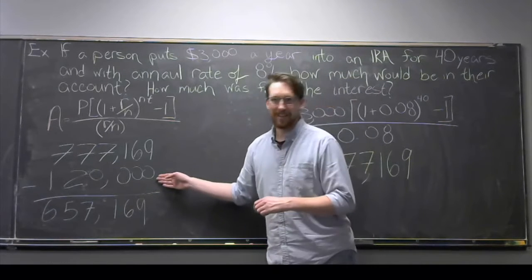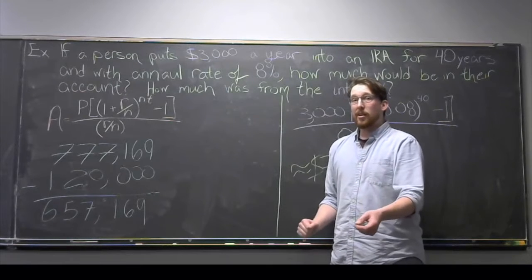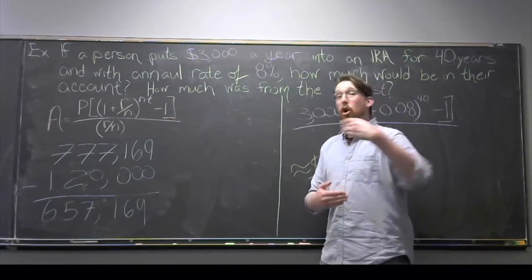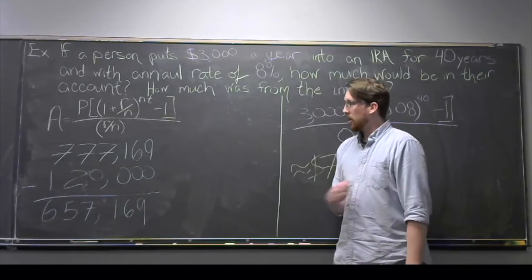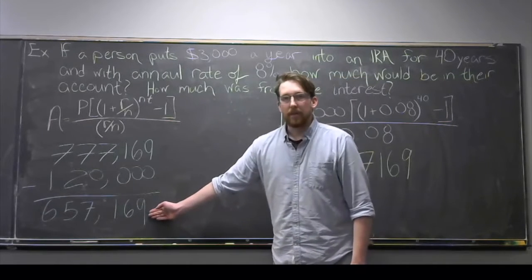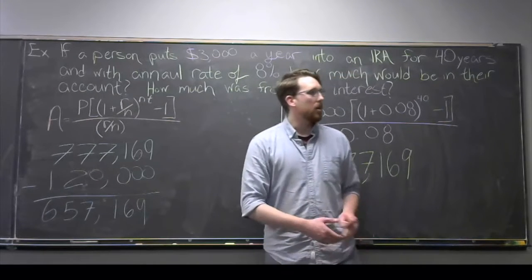Yeah, $120,000. So the interest, the extra money that they earned by putting this money into their IRA, comes out to be $657,169.